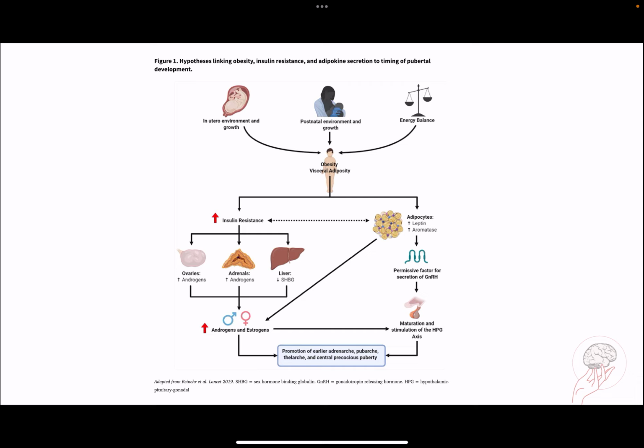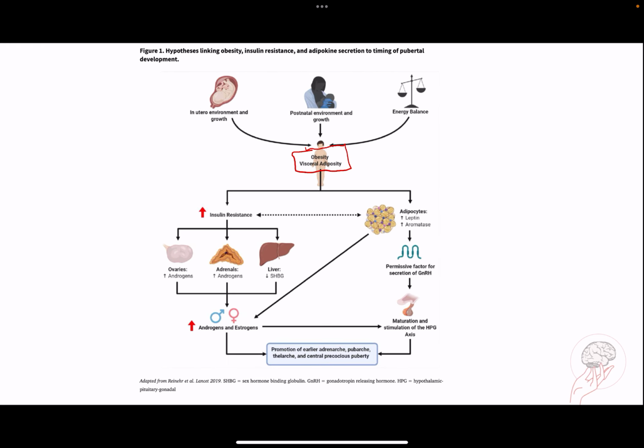But what we're seeing is that obesity, and in particular visceral adiposity, is related to, of course, more leptin, but fat cells also have aromatase. Aromatase converts testosterone into estrogen. So the more aromatase you have, the more testosterone you're converting to estrogen.